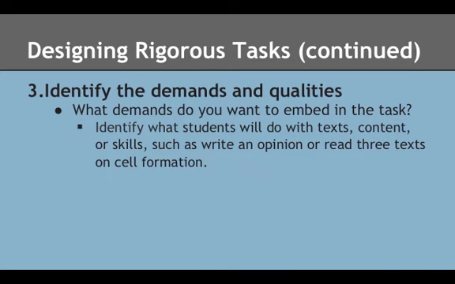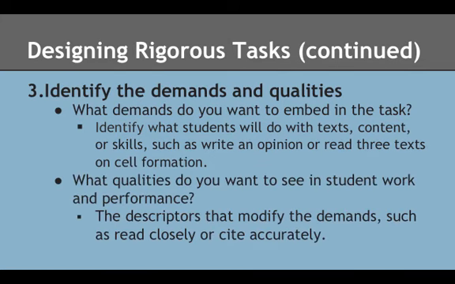What will students do with the texts, content, or skills, such as write an opinion or read 3 texts on cell formation? What qualities do you want to see in student work and performance? These are the descriptors that modify the demands, such as read closely or cite accurately.